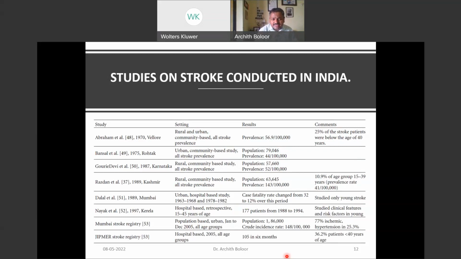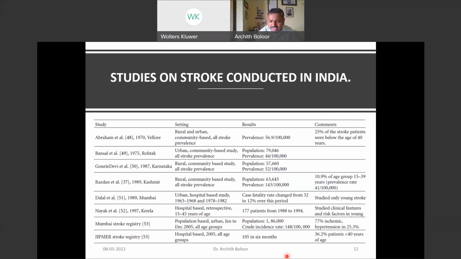And later, as the bigger registries came up, the percentage of stroke in young rose. The JIPMER registry, which had a large follow-up, said it's as high as 36.2%. So that's a high prevalence of stroke in young.